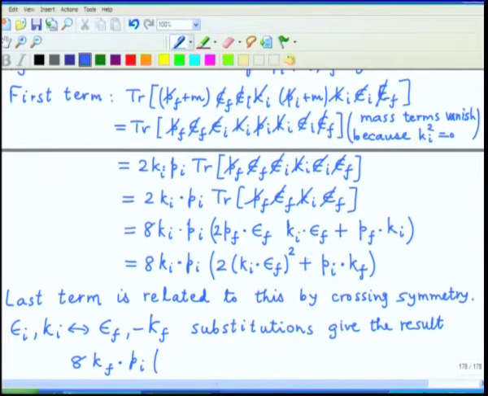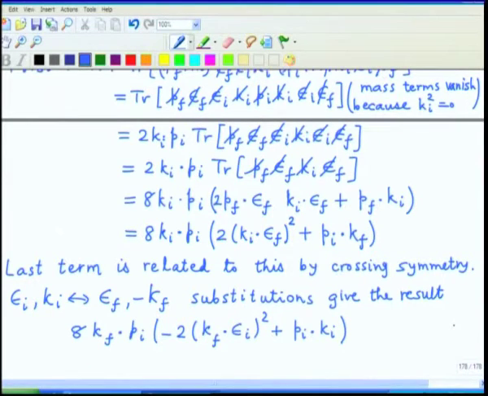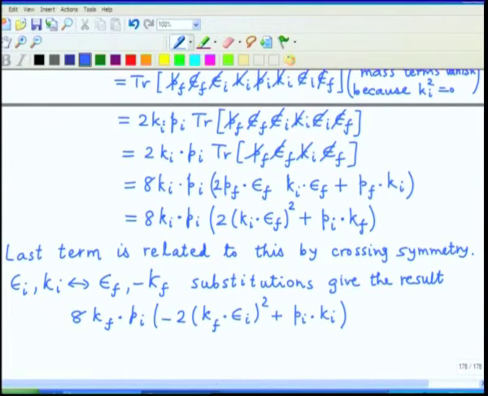There is a negative sign, but we are going to absorb it inside this combination. So, it is minus 2 Kf dot epsilon I square, and here the sign remains plus, and it is Pi dotted with Ki. So, this is a explicit evaluation of two of the terms.